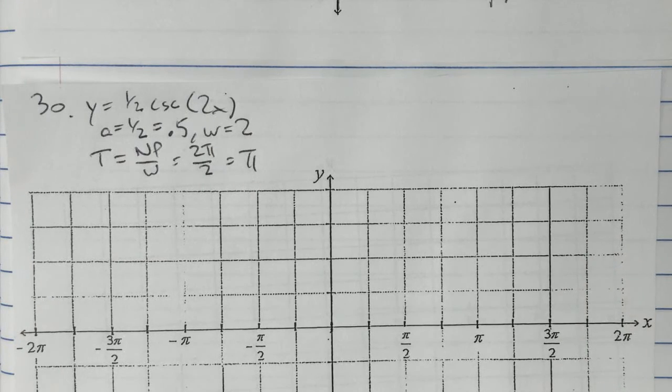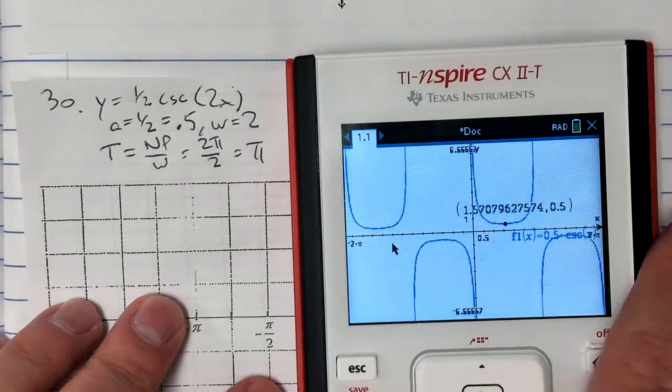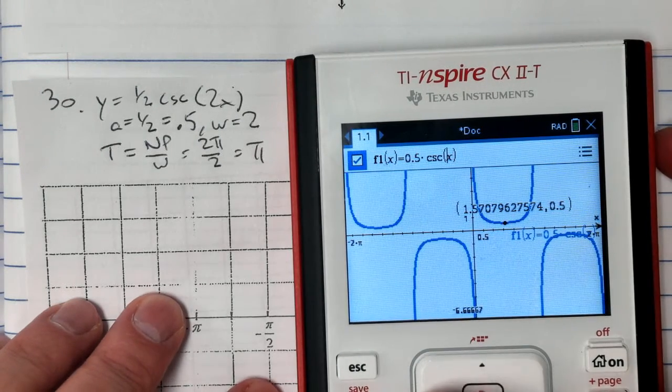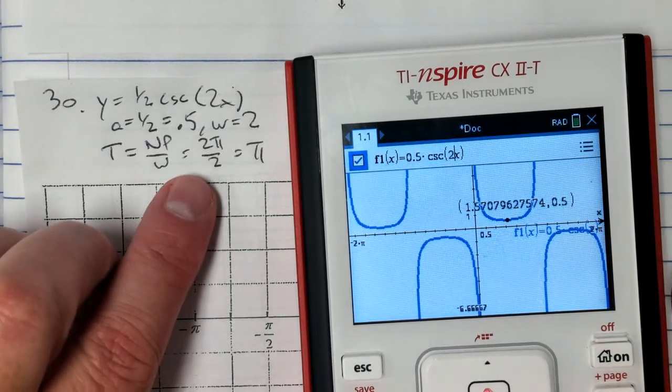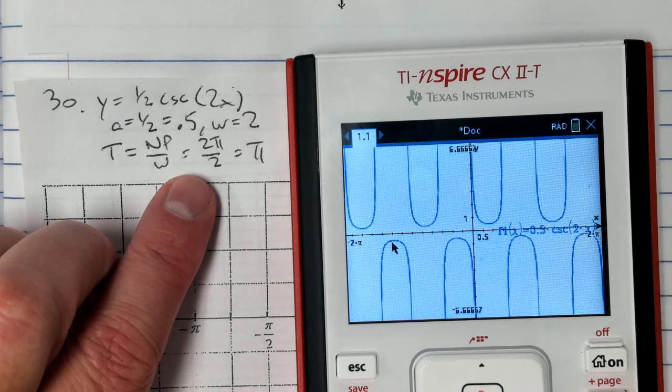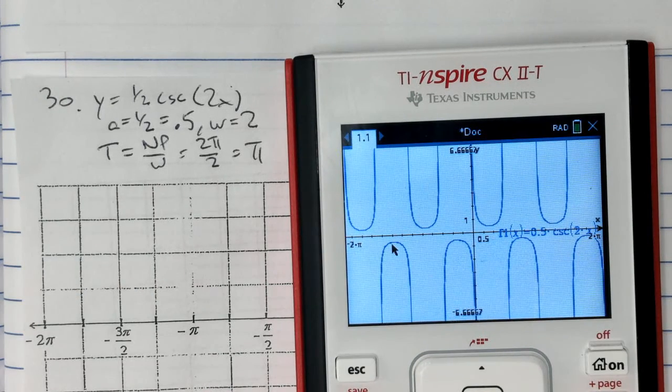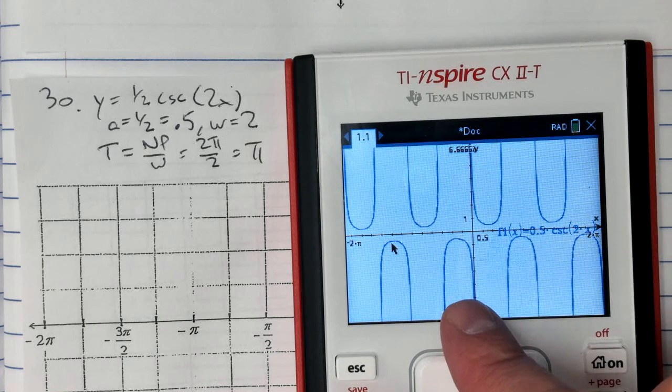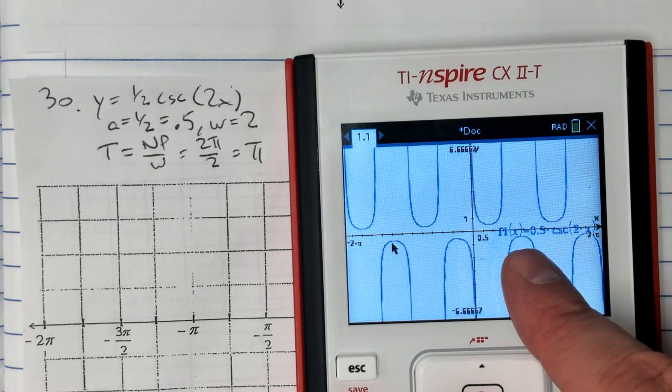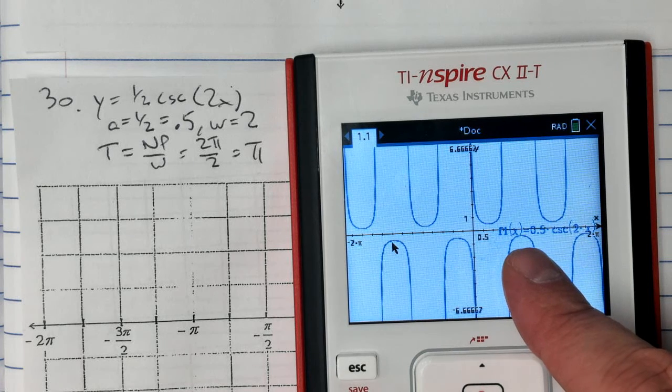Okay, so let's graph that. All I have to do is change this to be a 2 in front, and it looks like that. So we have a vertical asymptote at 0, and then our period is pi.